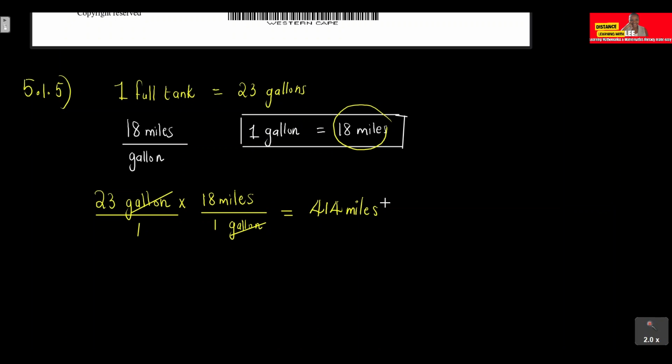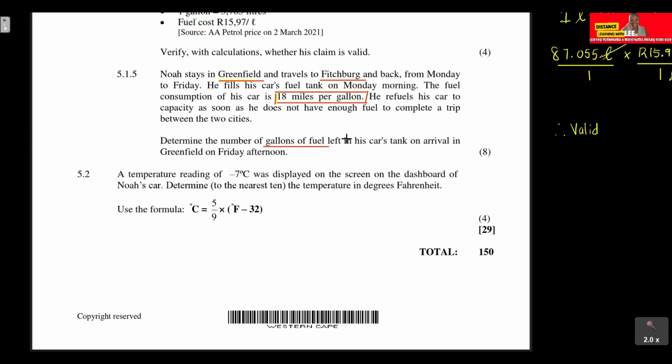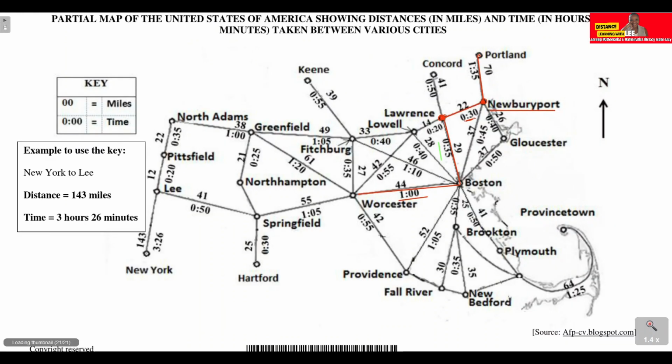That's just the first step of this question. Now we need to determine how long one trip is. We already know that he travels from Greenfield to Fitchburg, so we have to look at the map that is given to us and find where Greenfield is and where Fitchburg is.